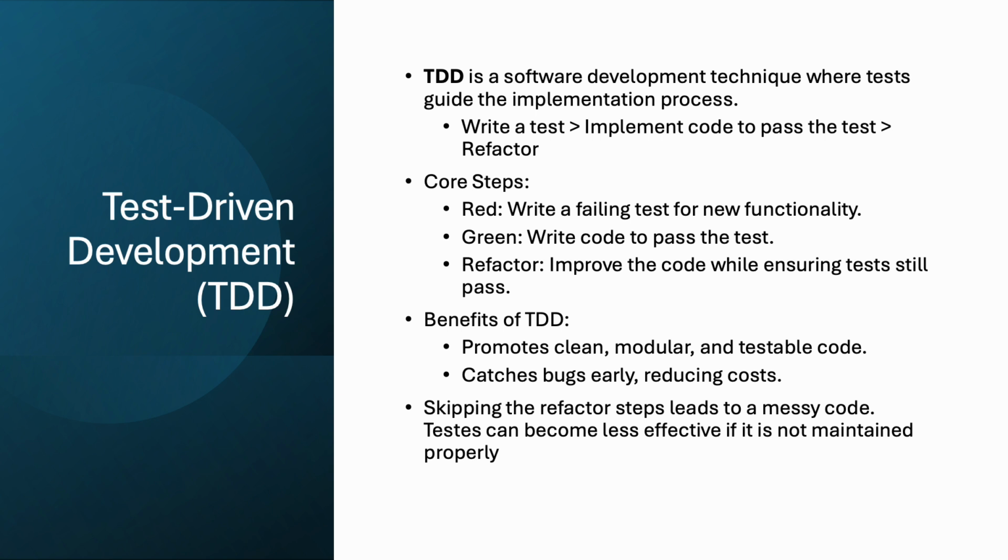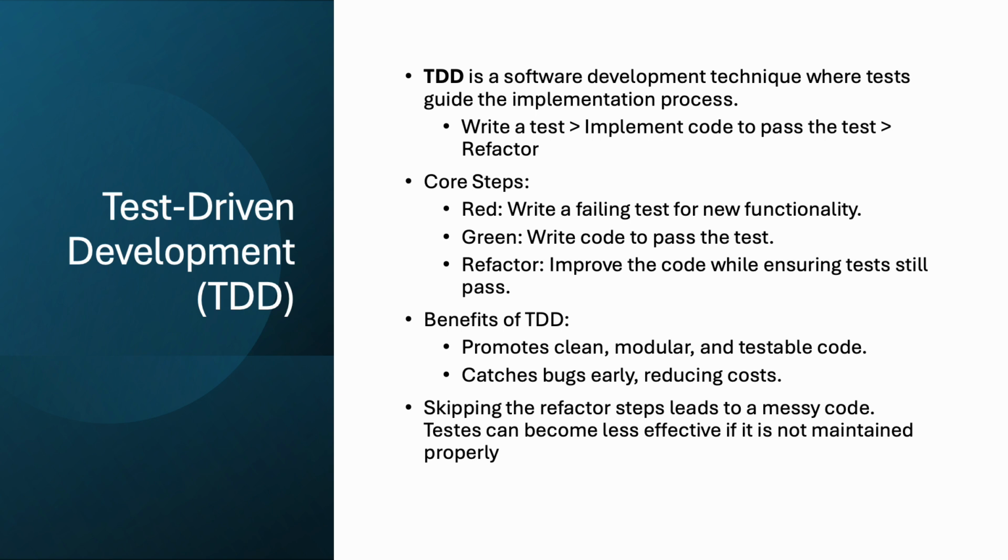Test-driven development, or TDD, is a software development technique where tests guide the implementation process. So the steps would be you write a test, and then you implement the code to pass the test, and you refactor.